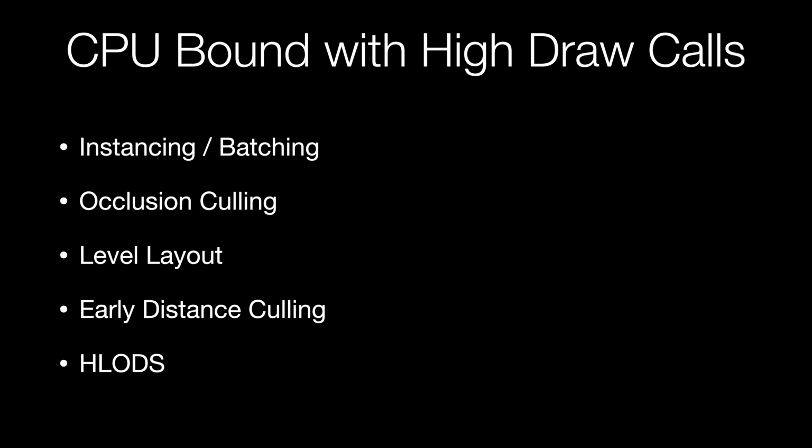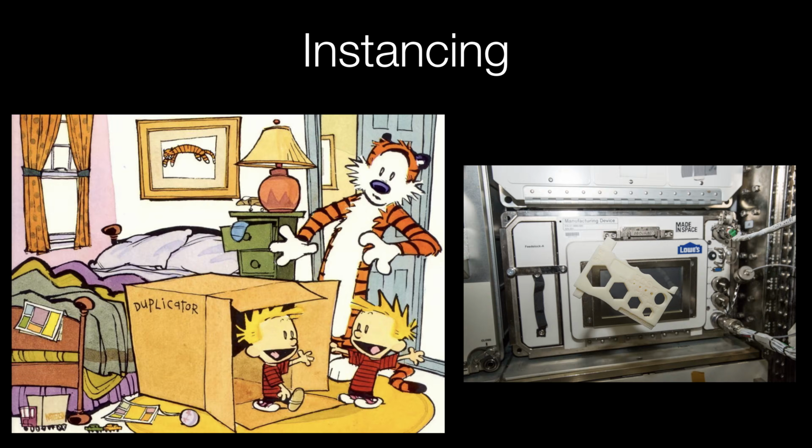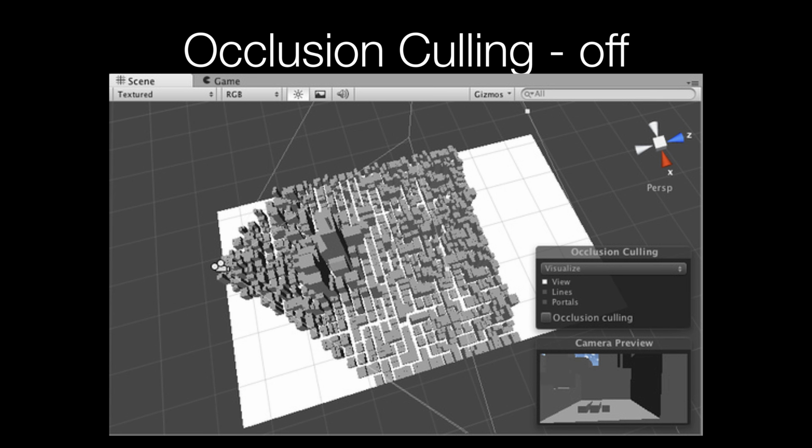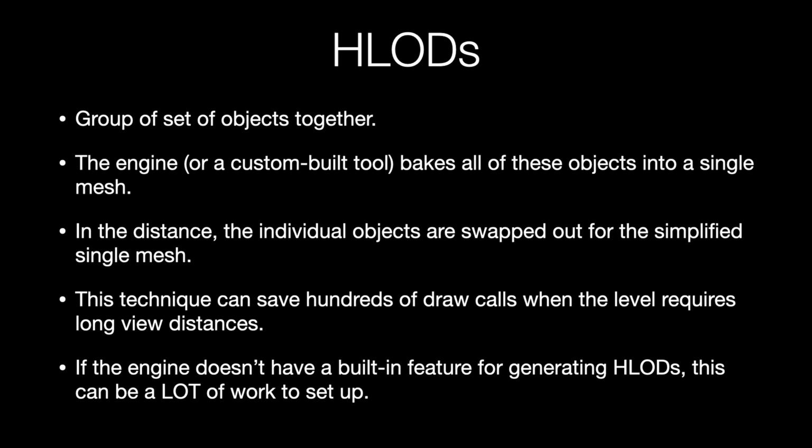In episode 5, we talked about what to do if you're CPU bound. This episode was mostly centered around reducing draw calls. We went over instancing, batching, occlusion culling, early distance culling, and HLODs, just to name a few, all targeted at reducing the amount of work required to do on the CPU.